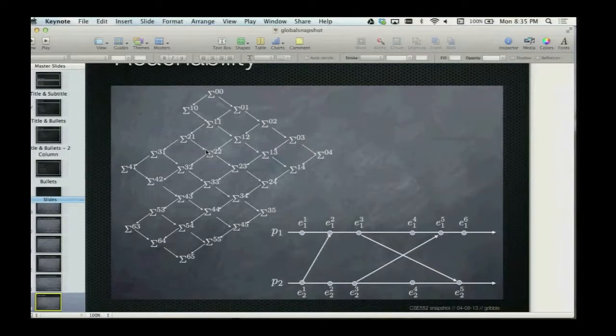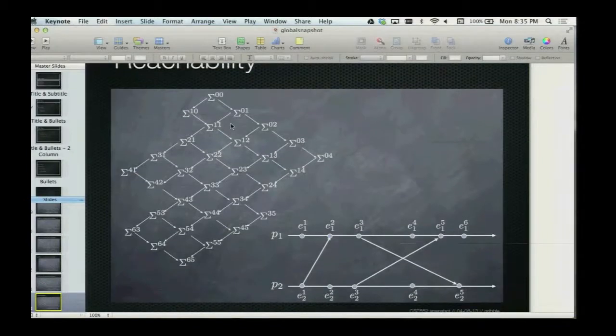Okay? So the way you think about snapshot algorithm is that snapshot algorithm starts at a particular moment in time in one of these execution states of the system. That snapshot algorithm takes a certain amount of steps to complete, and that snapshot algorithm will eventually terminate when the system's in one of these states. Okay?